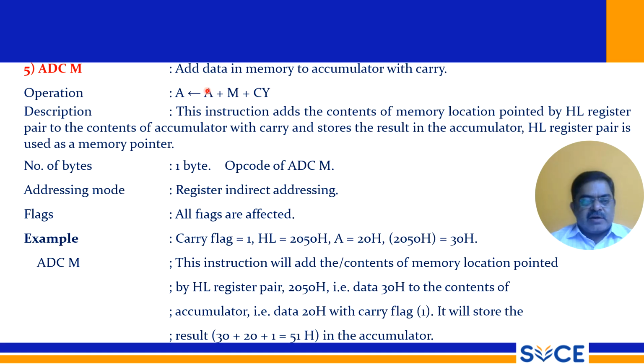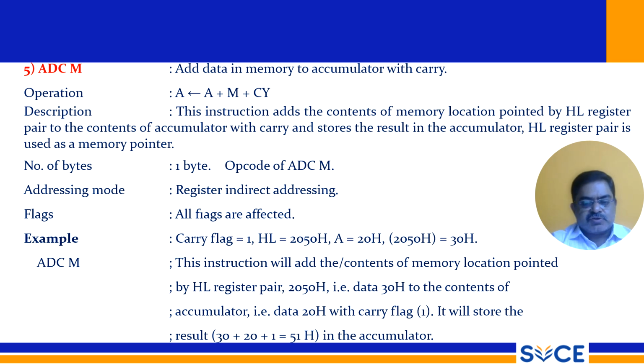ADC M: add data in memory to the accumulator with carry. It is very similar to the earlier one. The contents of the address location pointed to by the HL register pair will be added to the accumulator contents, and the carry will also be added. 30 plus 20 plus 1 equals 51H.